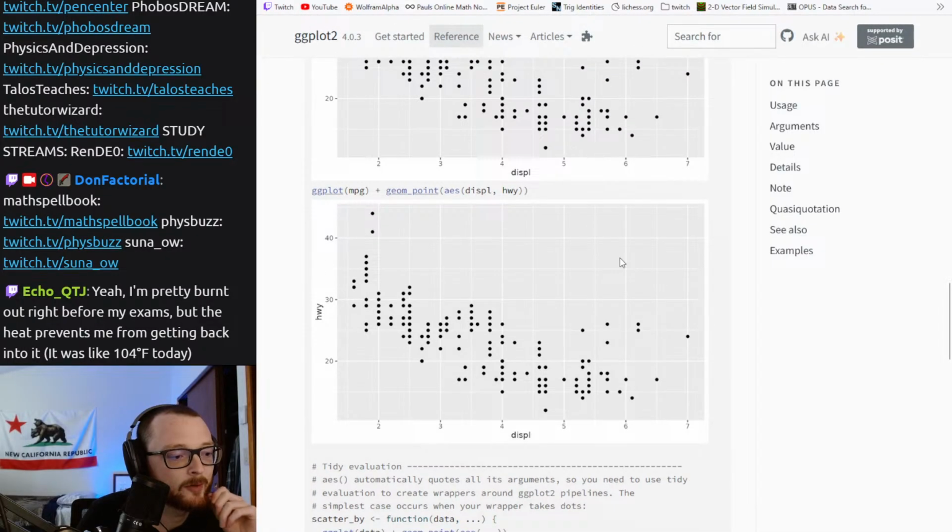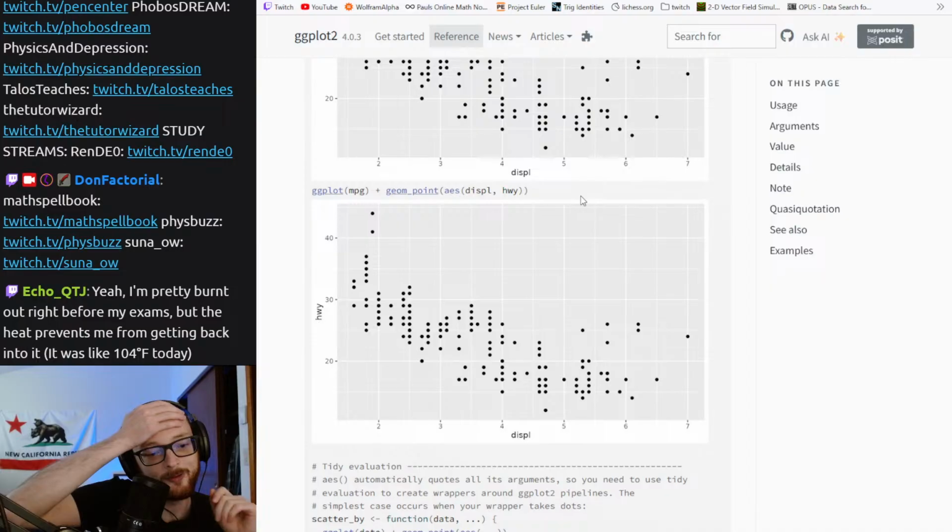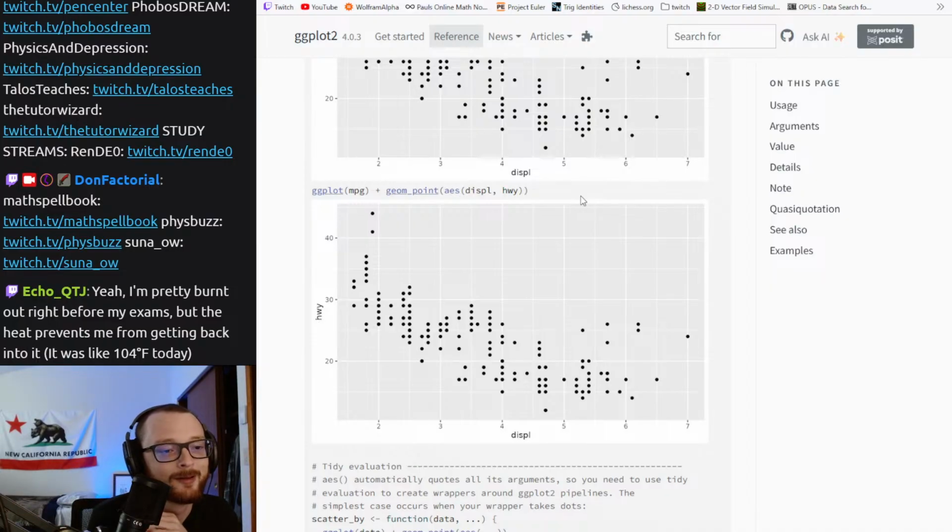Pretty burnt out right before my exams. It prevents me from getting back into it. Oh god, when it's hot out, and I know that Europe's having that crazy heat wave. When it's hot out, I just shut down too. I can't think.